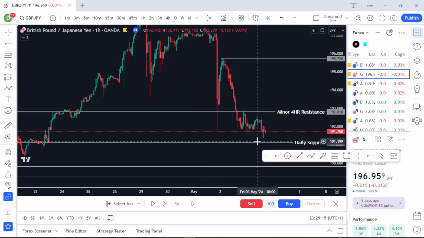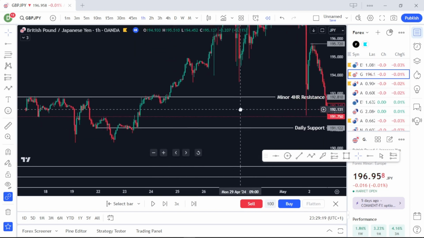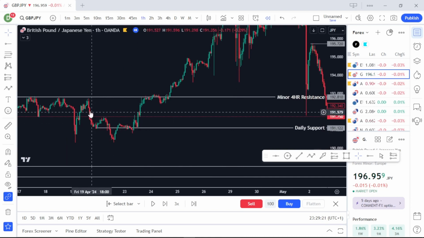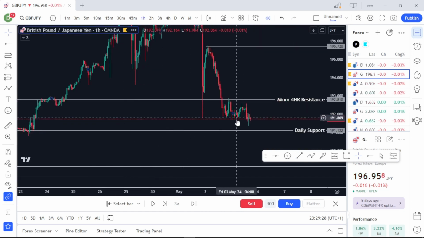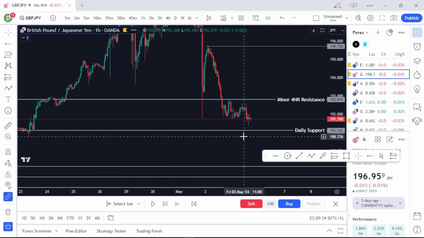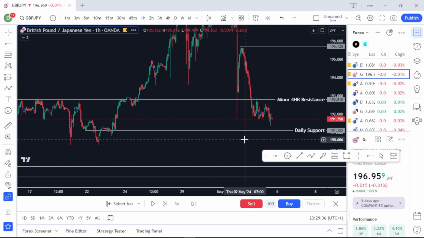Until the market breaks this support area, there's no way this market is going to sell. The reason is that we have another support area here that the market respected. You can see the market respected it before coming back down again. So if the market should come here, then we'll be interested in selling. But until the market breaks out of this one, we are more interested in a buy opportunity.